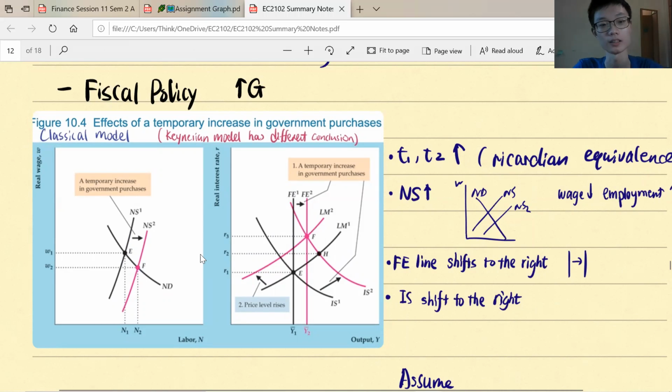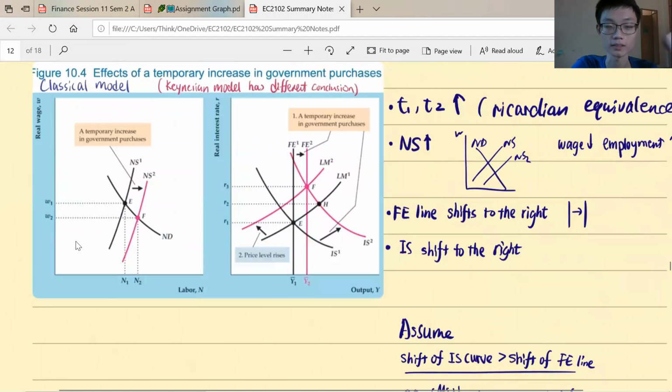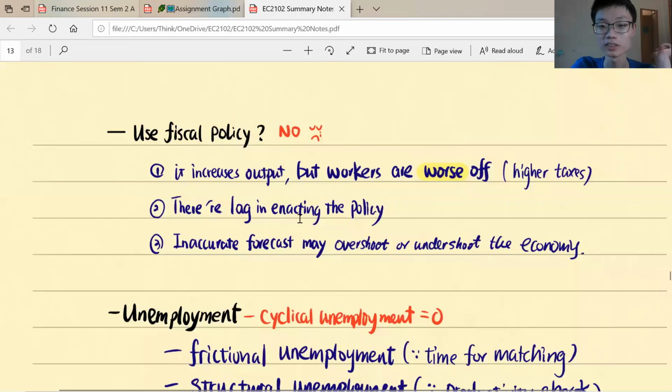It may occur to you that if you draw W1 here, if you maintain that W1 as wage, and the labor supply is now at NS2, then there will definitely be a surplus of labor. So it creates unemployment. But classical economists do not assume that. They assume that wages will fall or rise accordingly. There will be no cyclical unemployment.